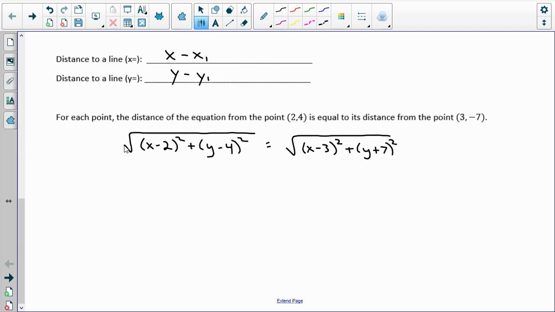Notice that equal to means the two distance formula expressions are going to be set equal to each other, because those distances are equal. Since those distances are equal, we end up having the terms equal.